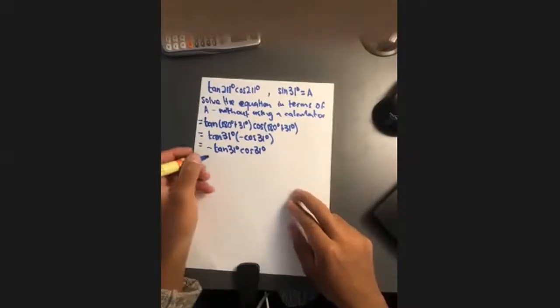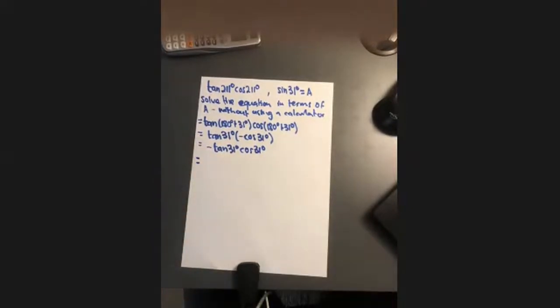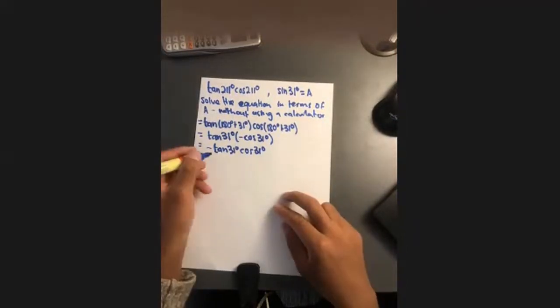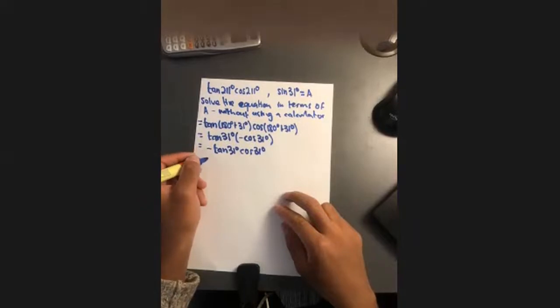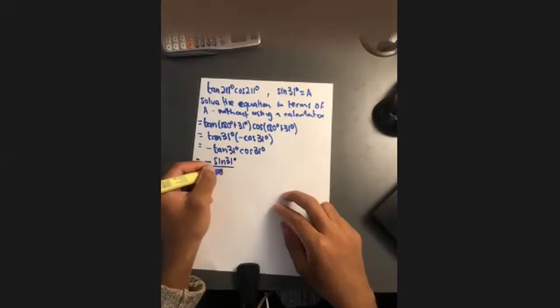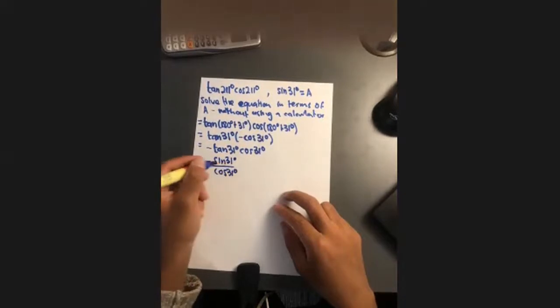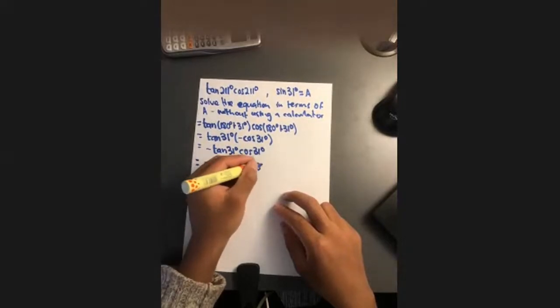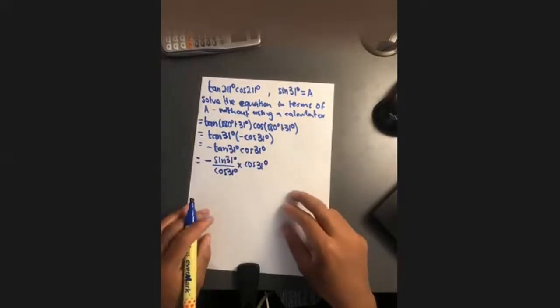And then minus the tan of 31 degrees times the cosine of 31 degrees. Now we can write the tan of 31 degrees in terms of the sine and cos, because this is the same as writing the sine of 31 degrees over the cosine of 31 degrees, times, let me write it explicitly, the cosine of 31 degrees.